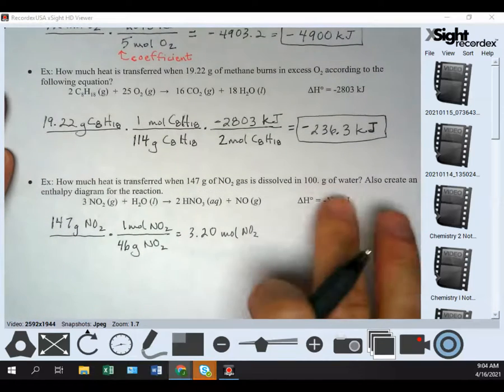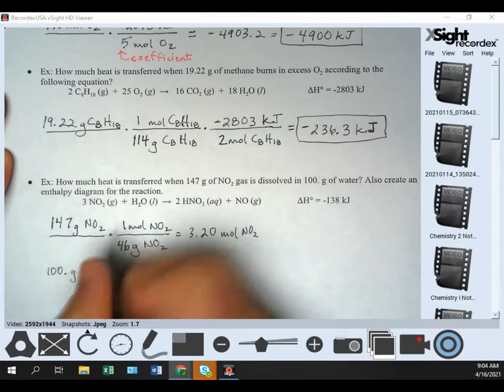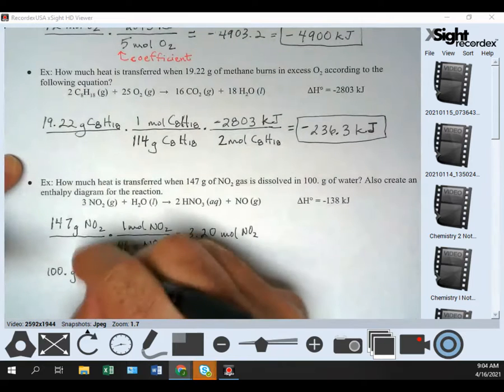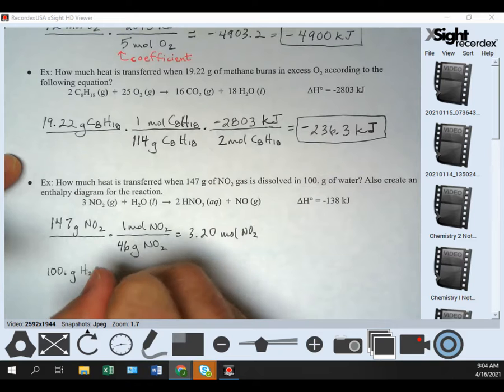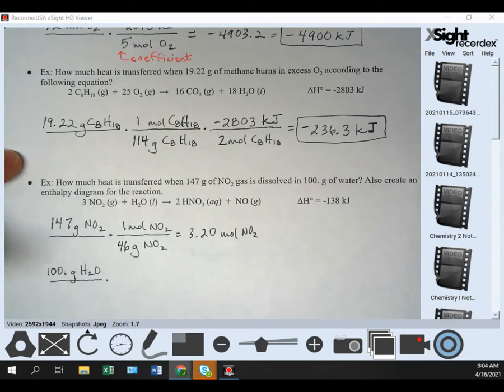Okay. And we're going to do the same thing with the water. 100 point grams of H2O.